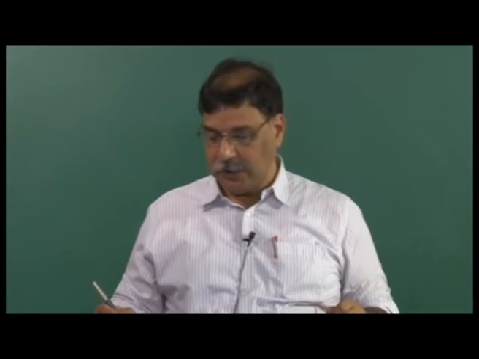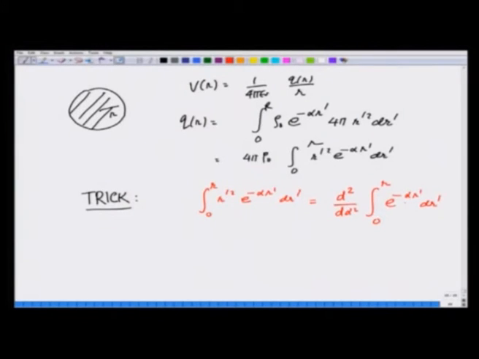Notice that when I differentiate twice with respect to alpha, the exponential function gives me an r prime square, and therefore this is going to be equal to d 2 by d alpha square of (1 minus e raised to minus alpha r over alpha), which when differentiated gives me 2 over alpha cubed minus 2 r over alpha square e raised to minus alpha r minus r square over alpha e raised to minus alpha r minus 2 over alpha cube e raised to minus alpha r.